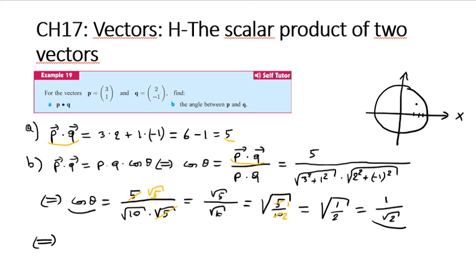So it's the middle one, and you know the middle one is 45 degrees. We know that from chapter 21. So theta, the angle, should be equal to 45 degrees. Okay.